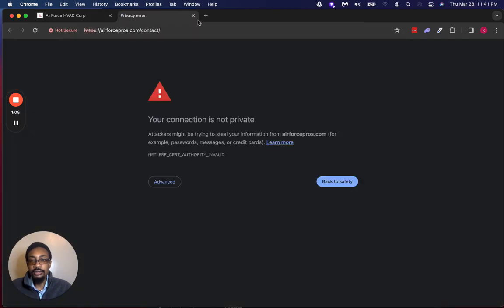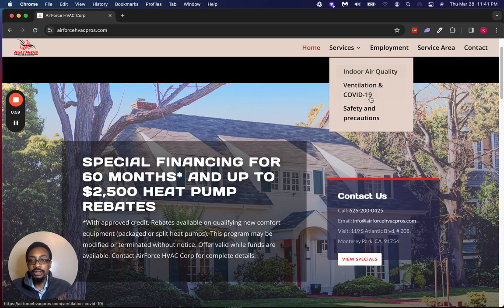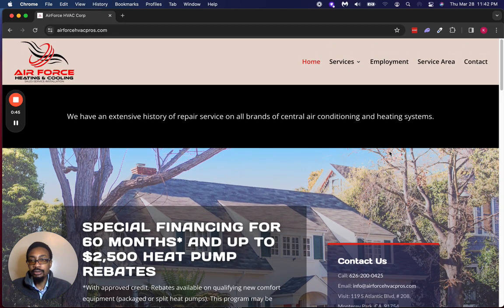That means it's not optimized because there's no linking to pages, because we don't even have the service pages to link to increase their authority, right? So that tells you that there's no search engine optimization on this site.